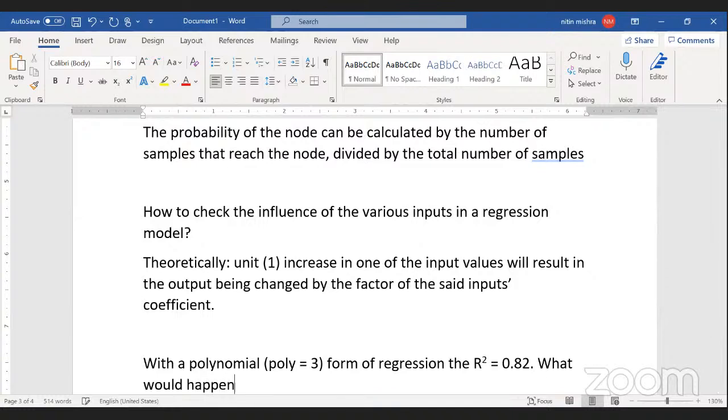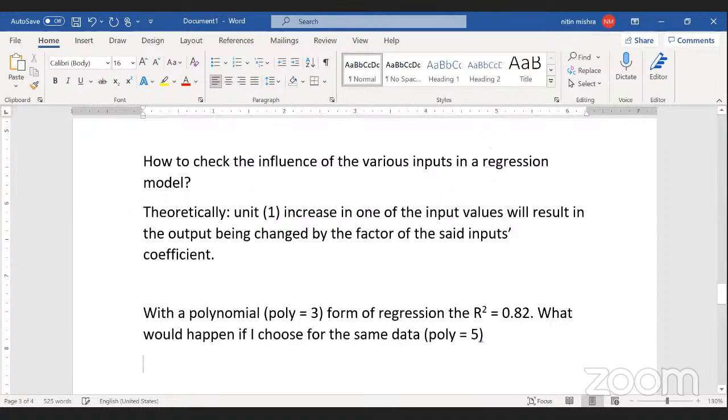What would happen if I choose for the same data poly is equal to 5?